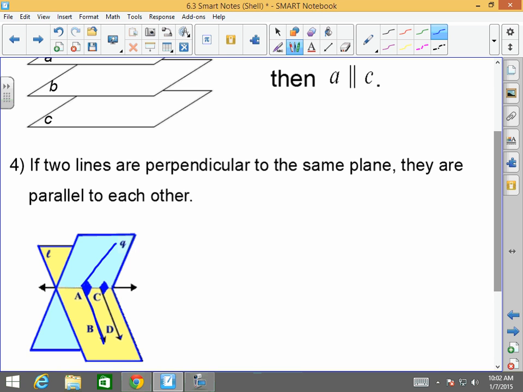And CD is also perpendicular to plane Q. So that means that AB and CD are parallel to each other. So if two lines are perpendicular to the same plane, they are parallel to each other.